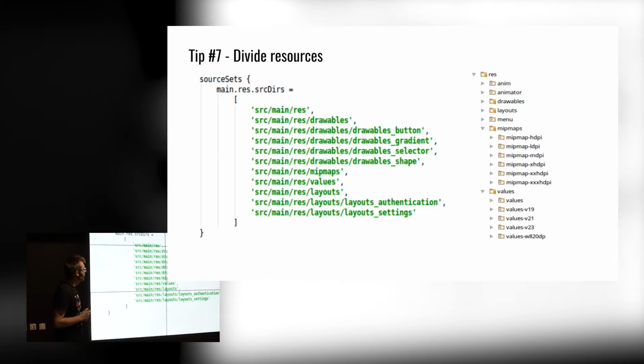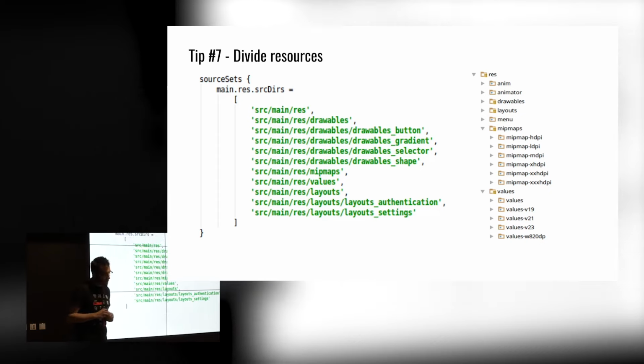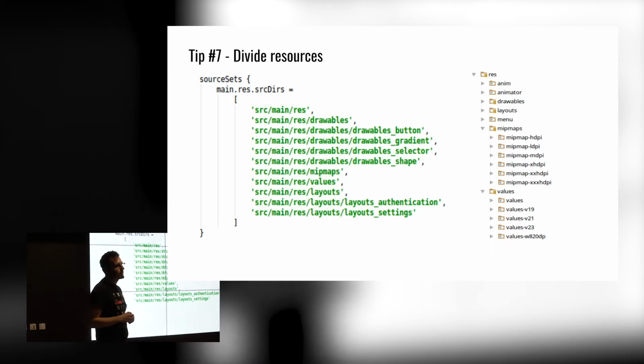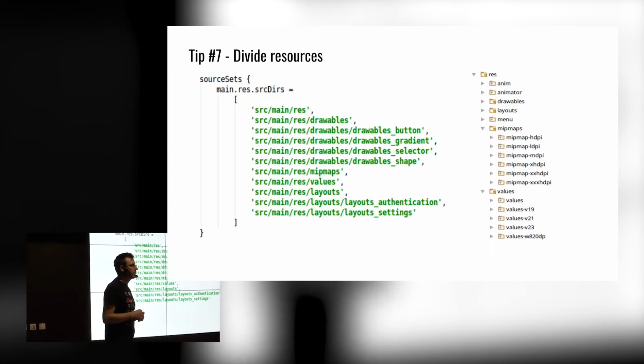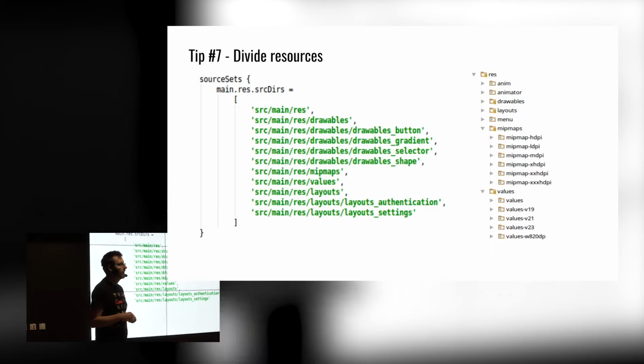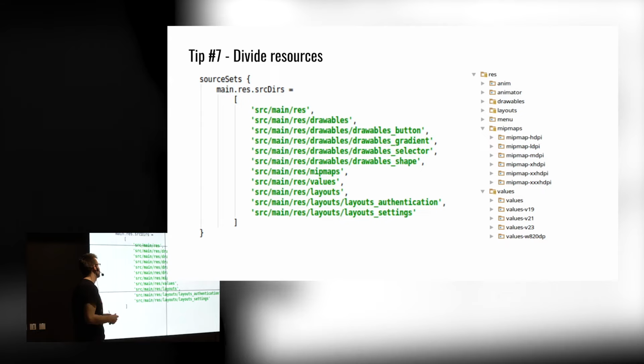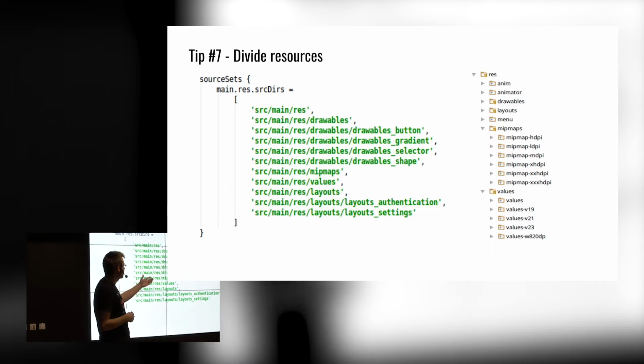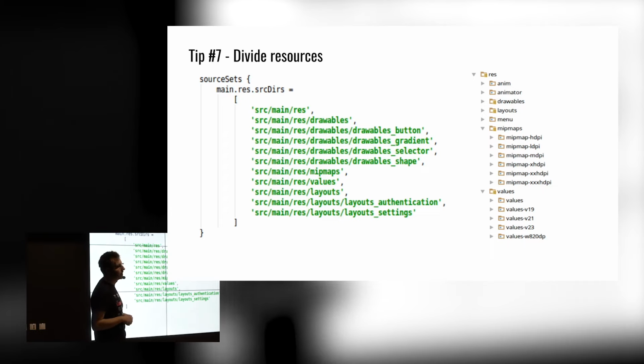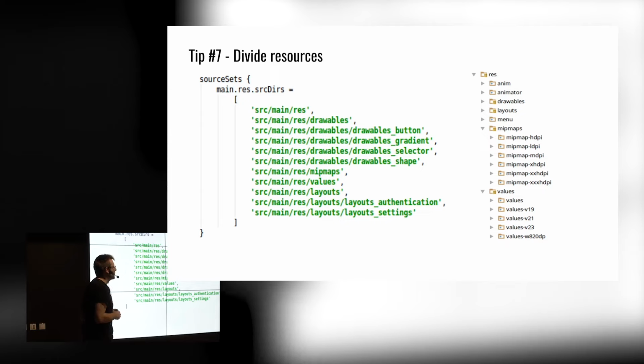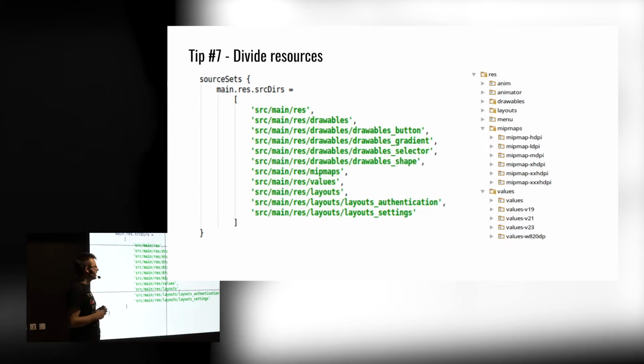Dividing resources. This is a nice trick when you have a bigger project and you start having a lot of resources. For example, you have 100 drawables, you have 200 layouts and this stuff. And when you're old school like me, and you like to orient your project using the old project view, then this can save you a little pain.